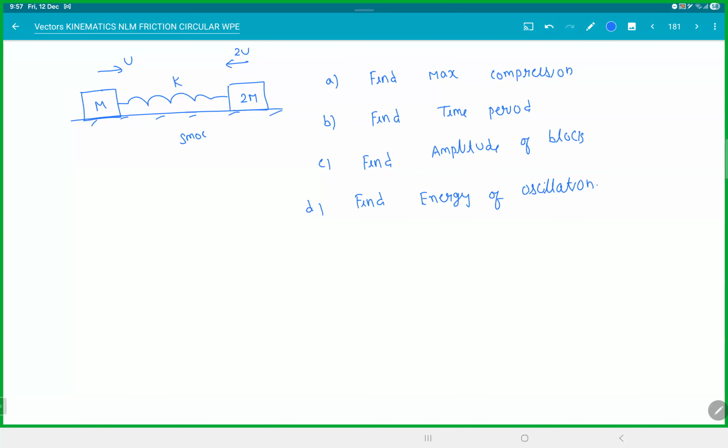The first two are pretty good mains level questions. Matlab, you should mug up the result and you'll get them pretty fast. C and D, you have to do some work. The whole question becomes a pretty good advanced question.